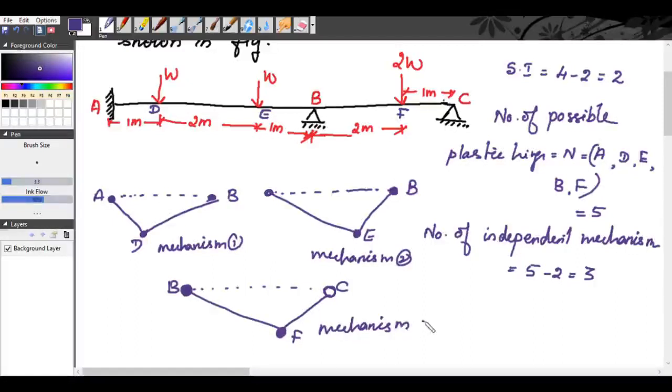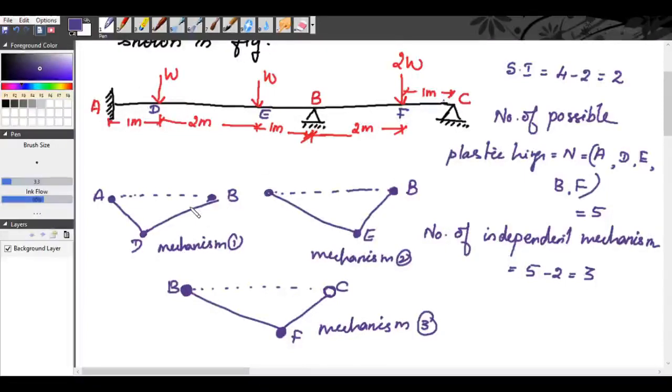I have explained this clearly in the past 5 problems; you can see the previous videos, where I explained how these hinges are formed. Such a type of mechanism we call a beam mechanism. So here we have 3 different mechanisms.